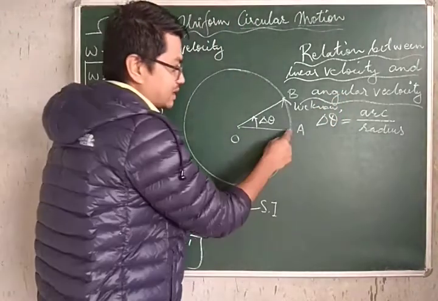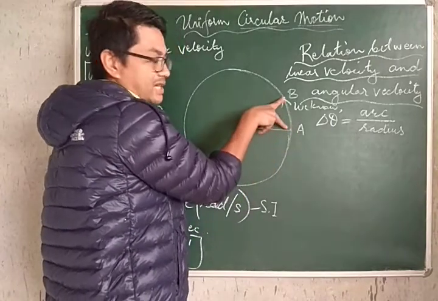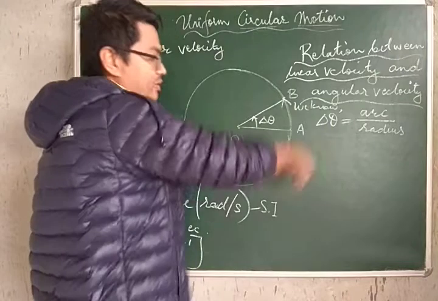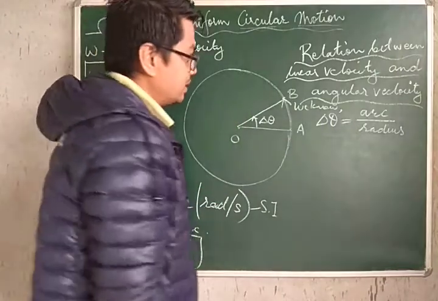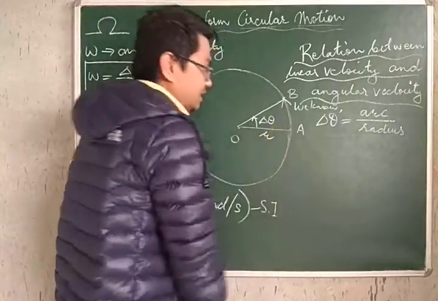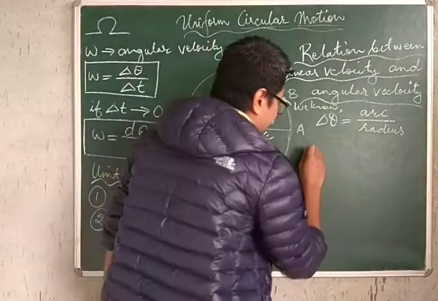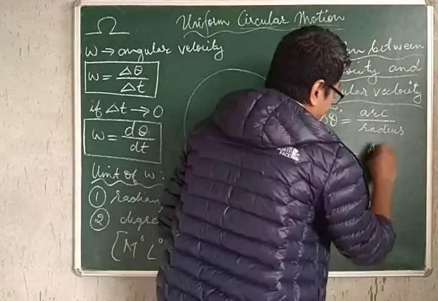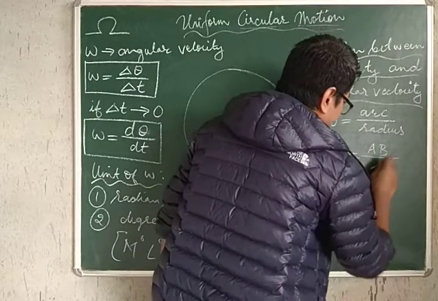Now, what is the arc? Arc is AB over here, divided by the radius. In this circular path, the radius throughout is constant, of course. If, say, radius is r, then I can write delta theta is equal to AB divided by r.